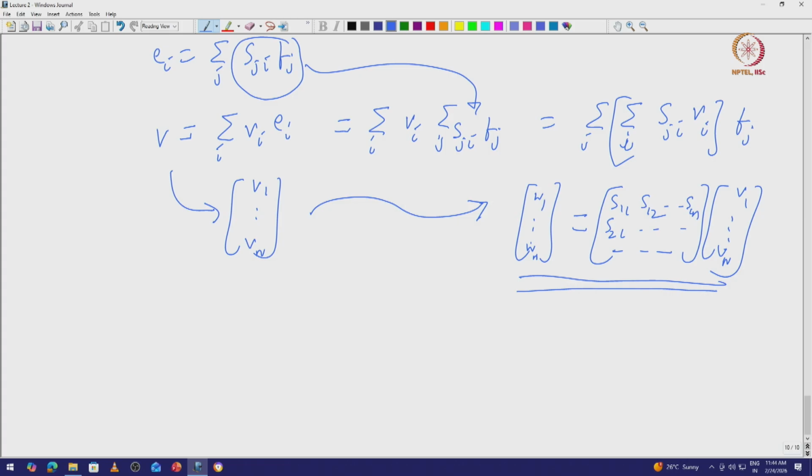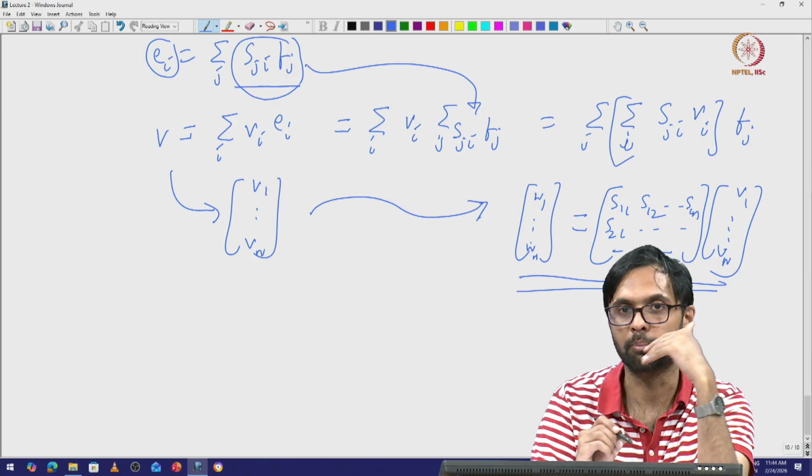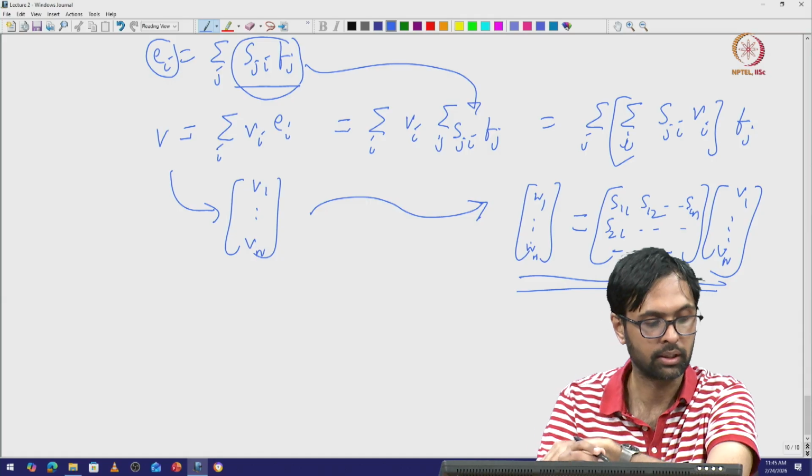If you change the basis, the new collection of components is the change of basis matrix times the old collection of components, and by change of basis matrix I mean the scalars that I used to get the old basis in terms of the new basis.